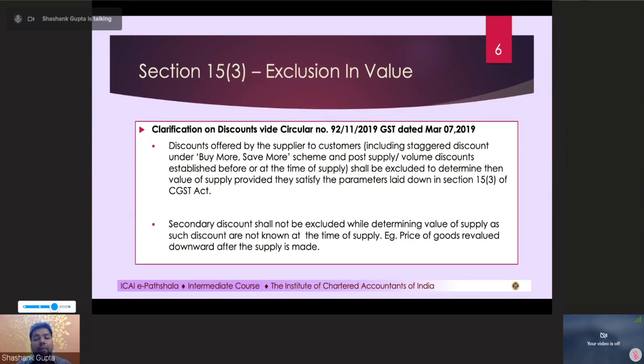Secondary discount shall not be excluded while determining value, as such discounts are not known at the time of supply. So what are they talking about here? Suppose Schiffer has been selling this pen for 2,000 rupees to all its dealers. And at the end of financial year 2021, they hire a cost accountant, and the cost accountant does a costing of their product, and he says, boss, this costing of your product plus profit margin only brings the value to 1800 rupees.